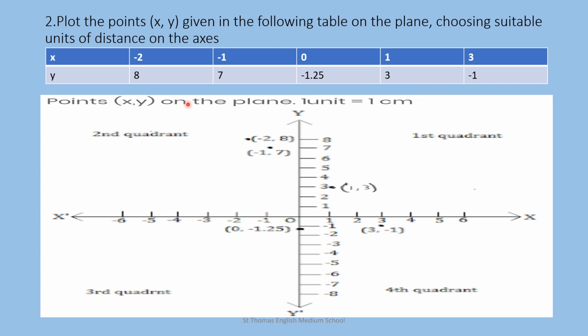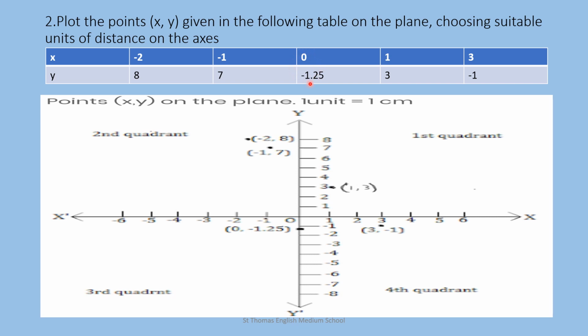Now to plot the points on the Cartesian plane, you can use the graph paper. Suppose in the graph paper, each 1 centimeter is divided into 10 equal parts. Especially if you are finding problem in plotting the points in decimals, that is -1.25.